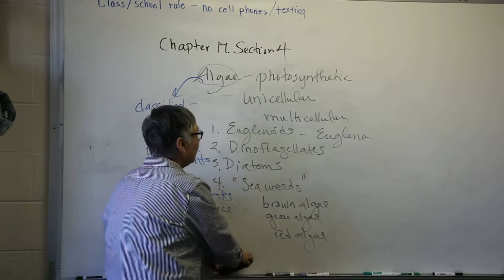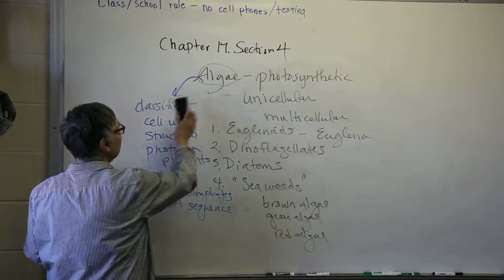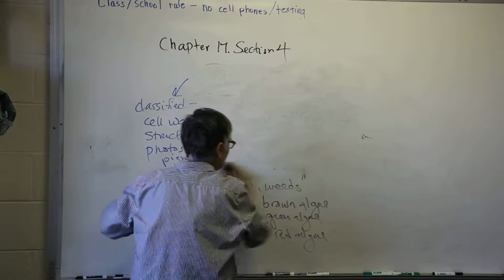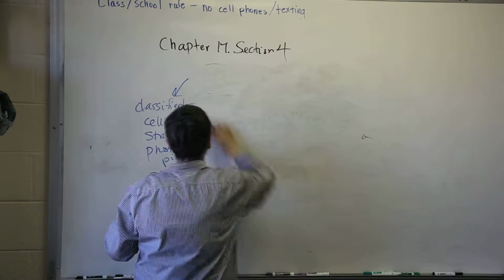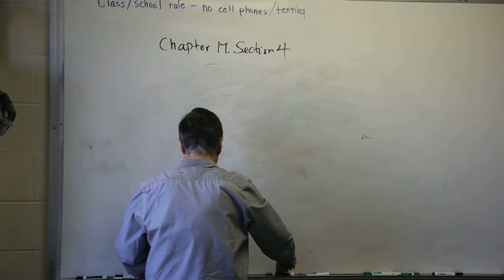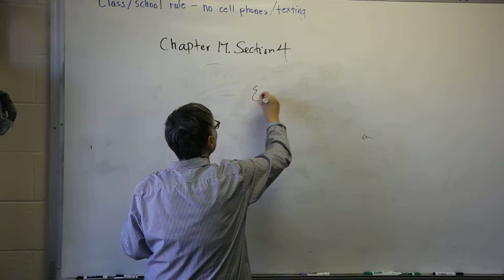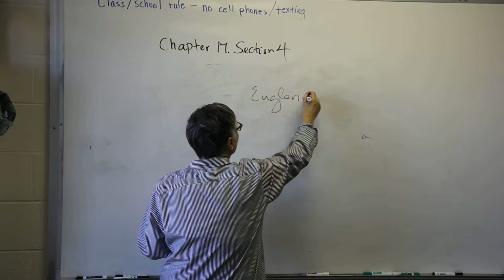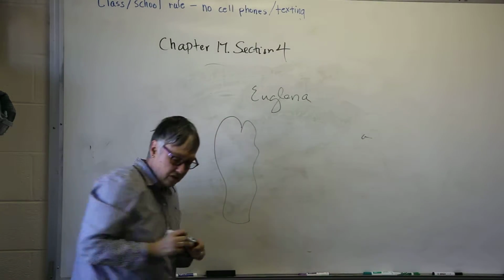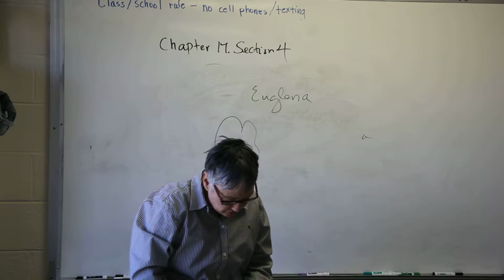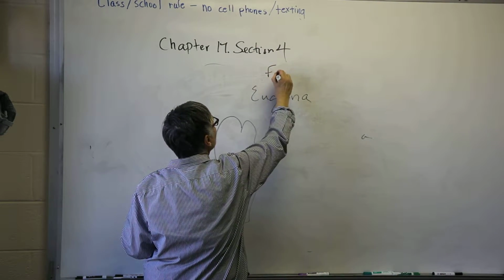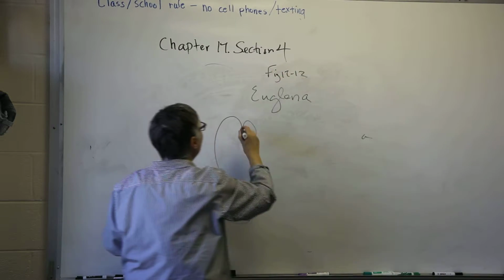All right, so let's talk about the Euglena first. There is a diagram of the structure of the Euglena in your textbook, figure 17-12.